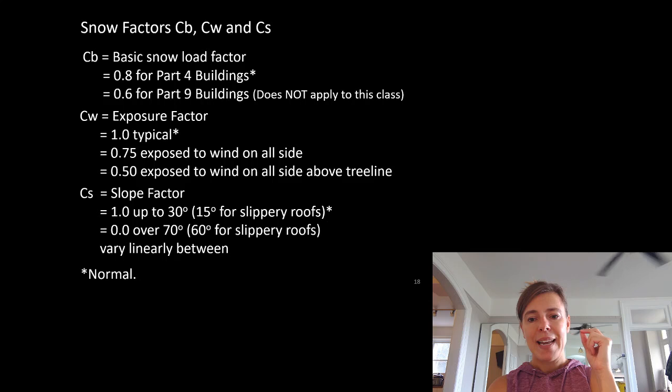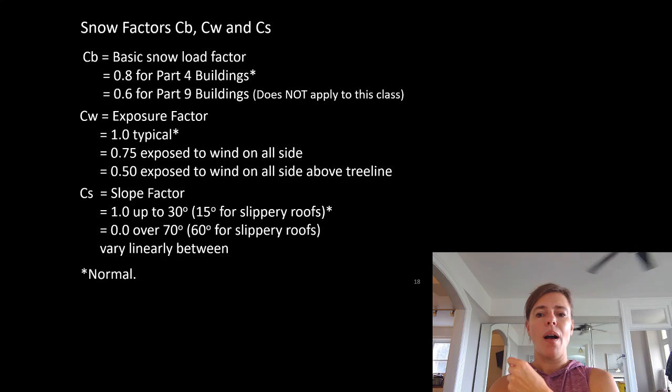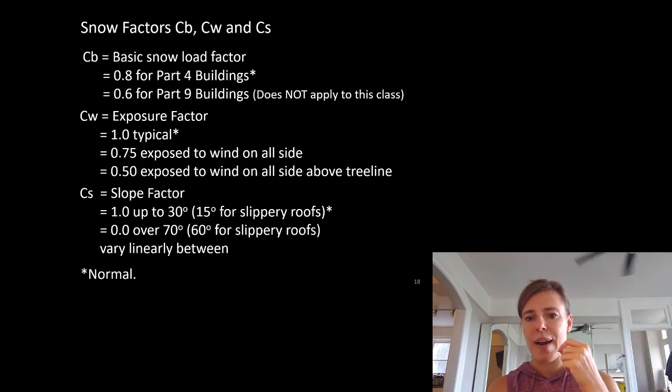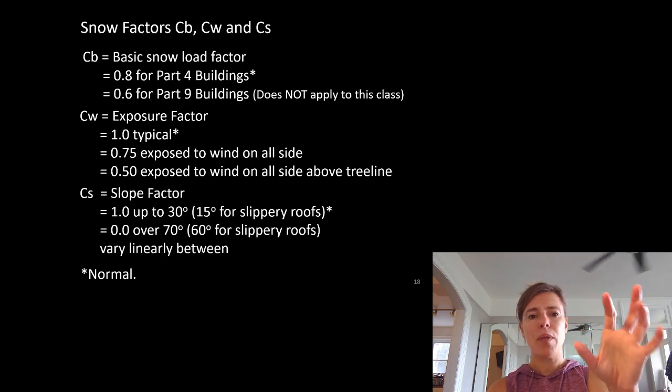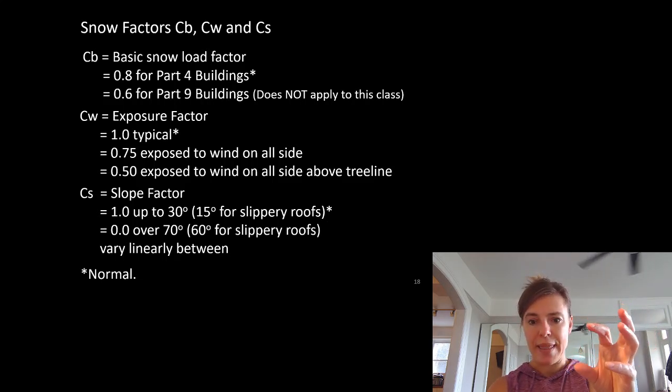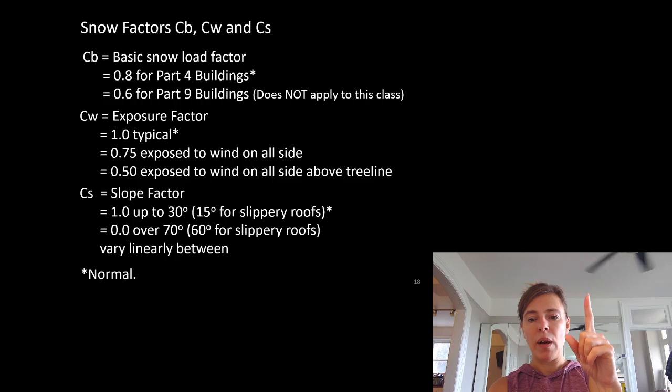The clause goes further and says nothing taller than the building within a 1 kilometer radius. That is almost impossible to hit whether you're rural or suburban. There's almost always something, whether it's a tree or a building, somewhere within a kilometer of your building. So that would only happen out in the middle of the prairies. So not normal here. 1 is our typical.